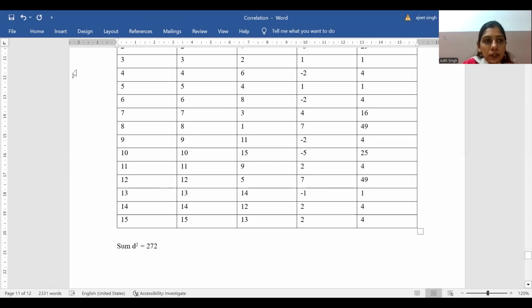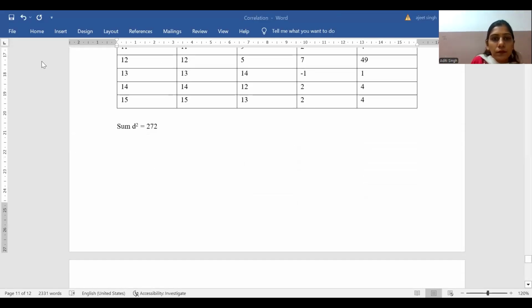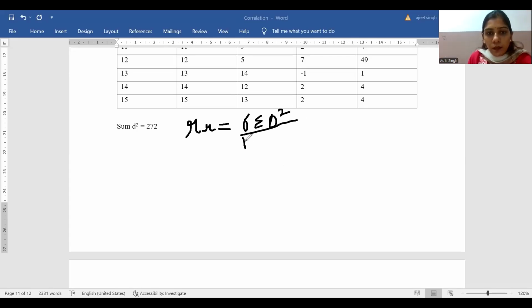So now let's put the formula. So the formula is R is equal to 1 minus 6 sum of d square divided by n multiplied by n square minus 1.